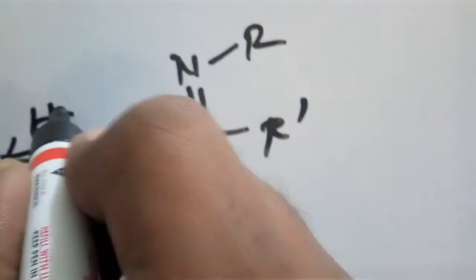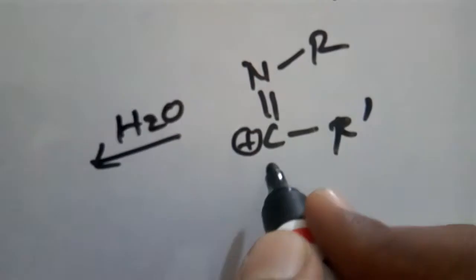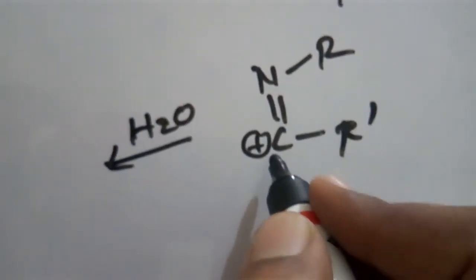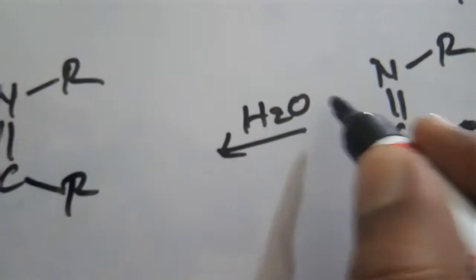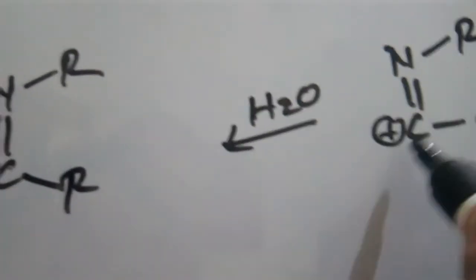Because the reaction is taking place in polar solvent water, water will attack on this carbocation. Next step will be, this is as it is, carbocation. This plus charge will be attacked by this water molecule's oxygen having a lone pair of electrons, so oxygen will attach here.